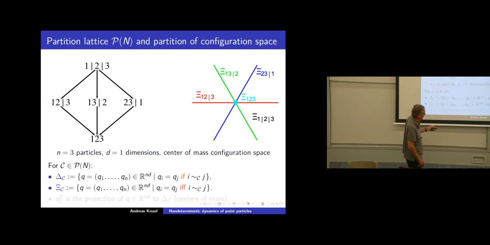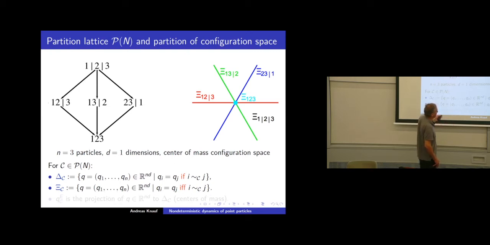Yeah, the indices are in the same atom with respect to C. So you would see here also 5 such subspaces, because you have 5 such set partitions.